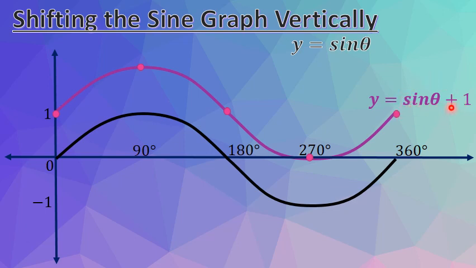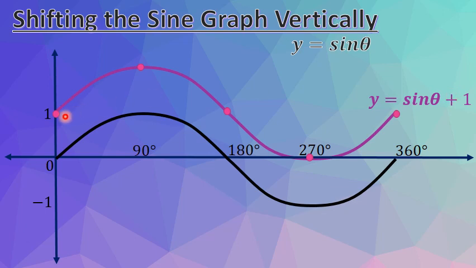curve. Do you see how sine theta plus 1 is the exact same shape as the original sine theta, but now the foot of the mountain is no longer at 0. The foot of the mountain is now at 1. So we still have an uppy, a mountain. And there at 180 degrees, where it would normally cut the x-axis, we have now met the center line of our wave, which is 1.